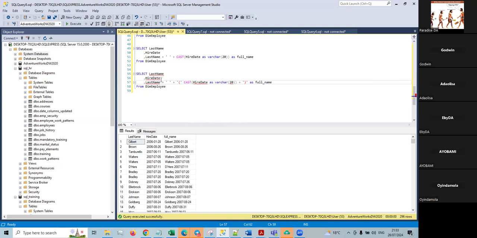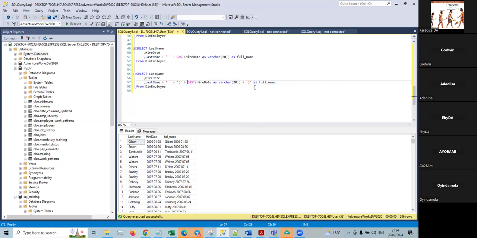So we have last name plus space plus quotation marks. Okay, there's a plus here. Plus cast. Hire date plus, yep, that's fine. So this should work. All of this, the dates part, is going to be in brackets.